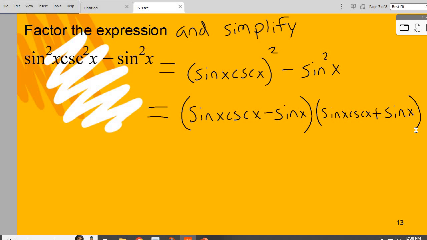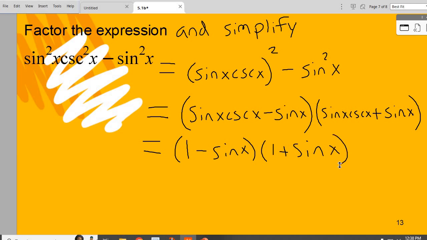Like which identity? Yeah, they're reciprocal. So when I multiply them together, what are we going to get? Not 0, right? This would be like 1 over sine, so my sines would reduce, but I'm still left with a 1. So I would have 1 minus sine of x times 1 plus sine of x.